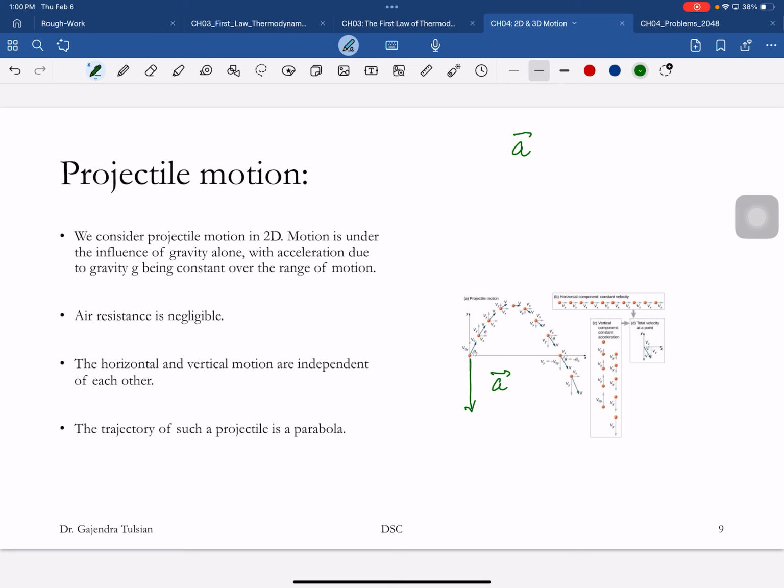A is 0i minus gj. What is g? 9.8 meters per second squared on Earth. So a = ax i + ay j.